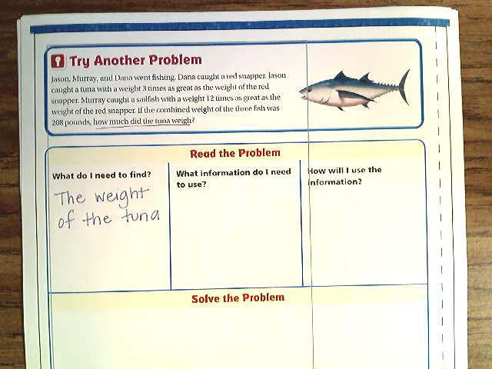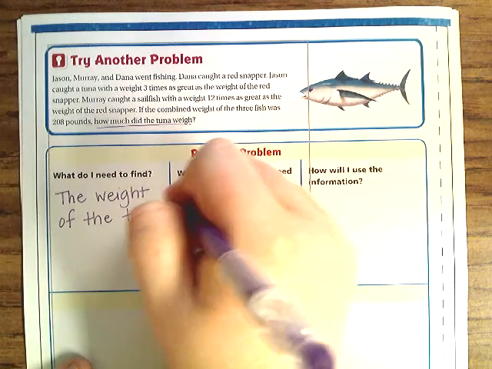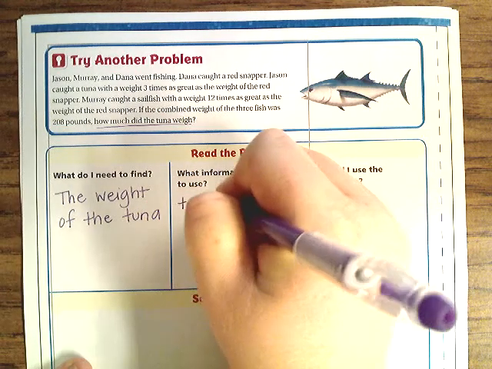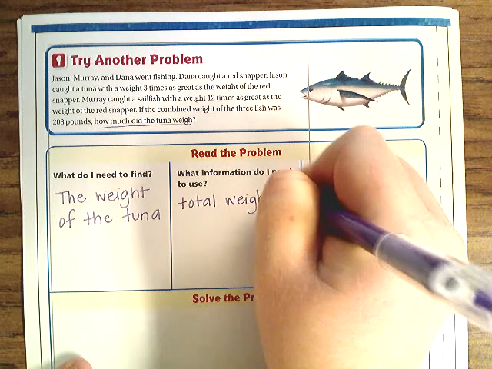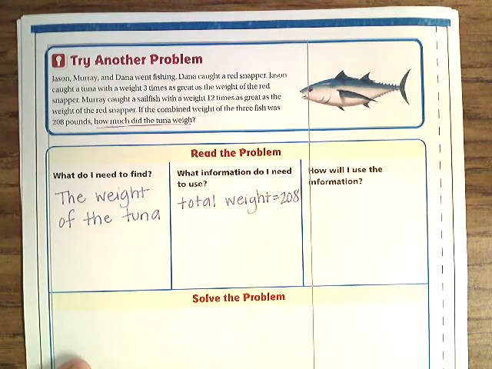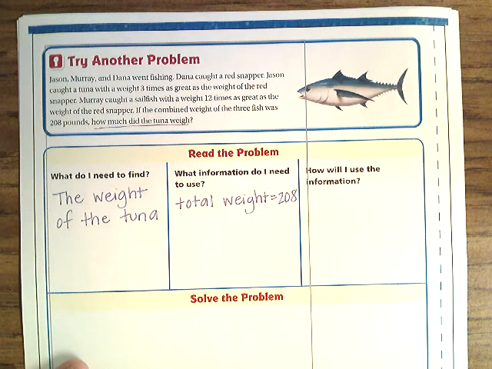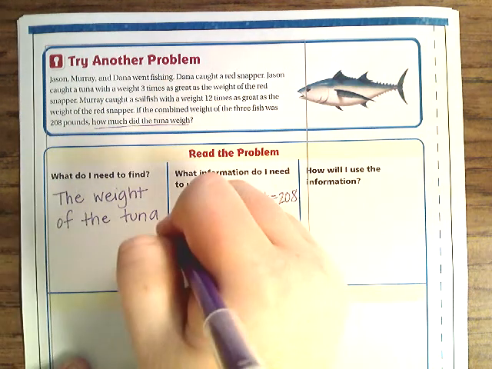Okay, the second part says, what information do I need to use? Well, we know that the total weight of all the fish, I'm just going to put total weight, was equal to 208 pounds. We also know that the weight of the tuna was 3 times as great as the red snapper.